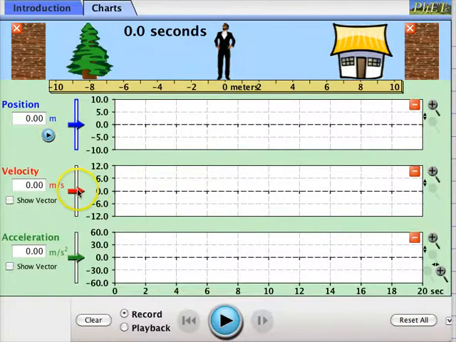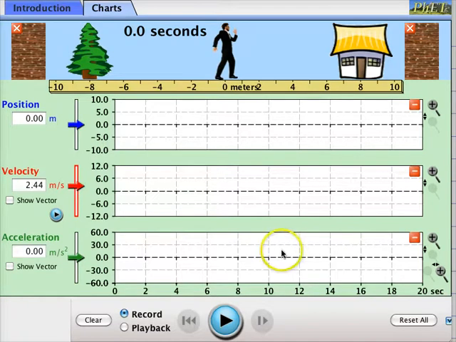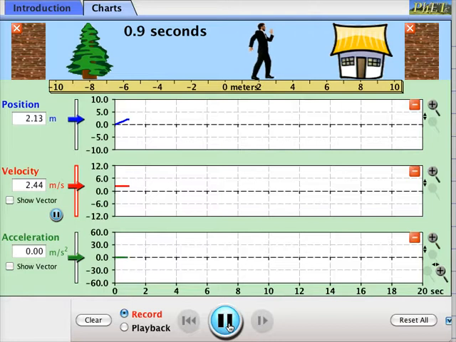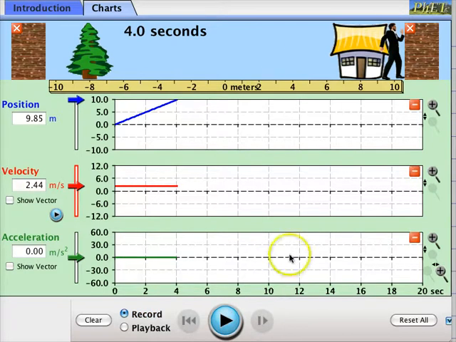Now what we can do is we can dial in a velocity for the person, like so. We can press play and off they'll walk. And I'll pause it there. What we can see is the distance time graph is a straight line.